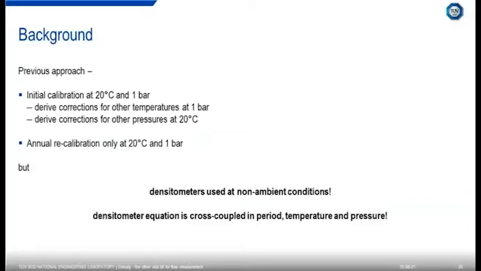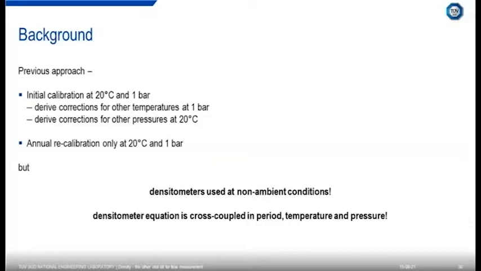The previous approach within the UK was that the densitometer was initially calibrated at ambient conditions, 20 degrees Celsius, 1 bar, and then corrections were derived for use at temperatures other than 20 Celsius at 1 bar and for use at other pressures, but these were only derived at 20 Celsius. And typically the annual recalibration was only done at 20 Celsius and 1 bar.